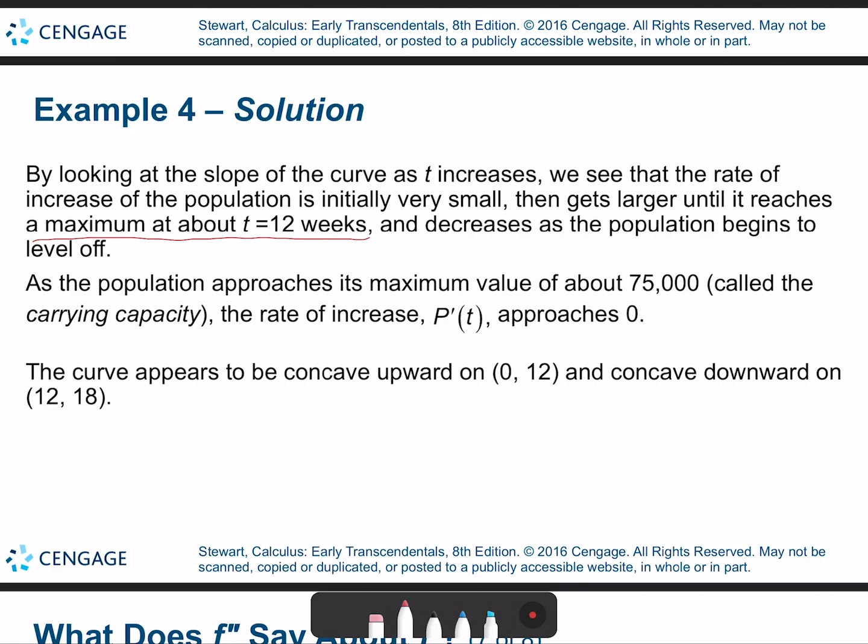The population doesn't decrease; it's the rate of increase that starts to decrease. The rate of increase was initially increasing quickly, and then it starts to decrease as the population starts to level off. Okay. The curve appears to be concave upward on this interval and concave downward on this interval.